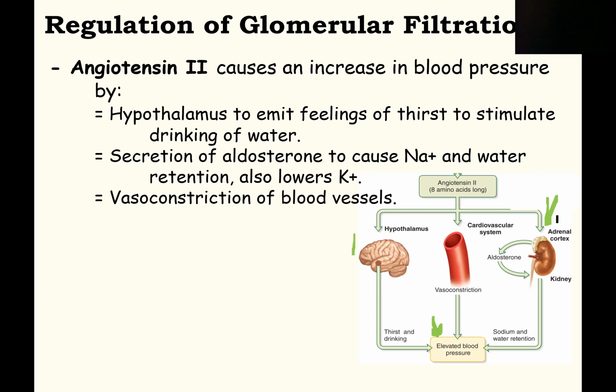Aldosterone is secreted by the adrenal cortex to cause water and sodium retention, but it also is going to lower potassium levels. Increasing water and sodium is going to increase blood pressure. 3, it's going to vasoconstrict blood vessels.